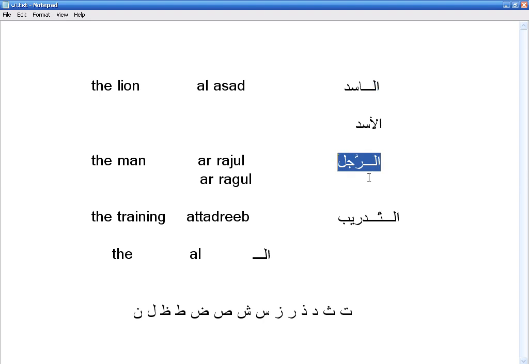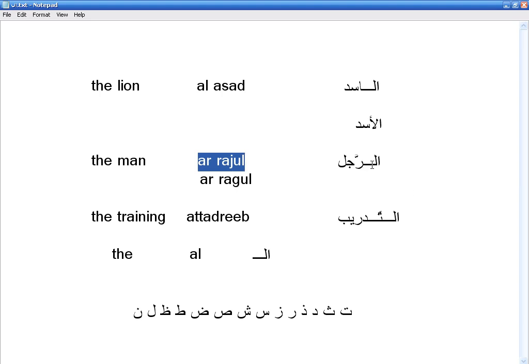Right here, you're going to notice that we're going to add L before the word. So instead of saying al rajul, like that, we're going to say ar rajul, ar rajul.